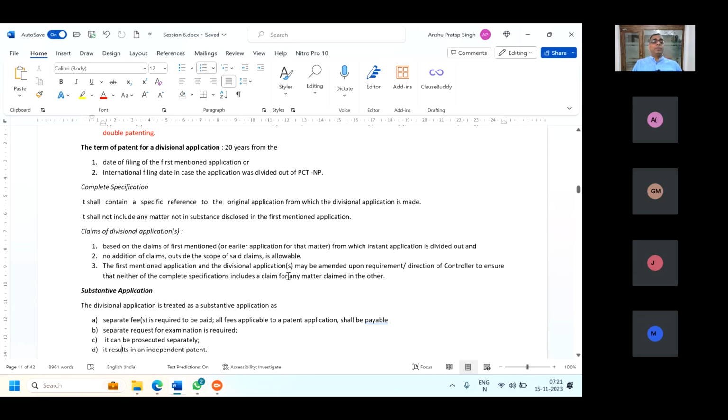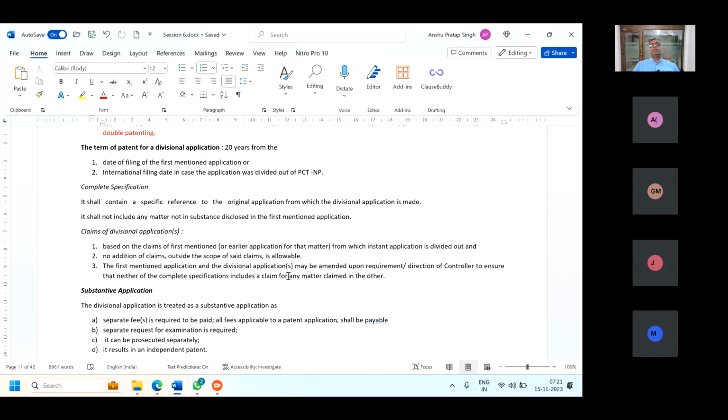Now, the claims of a divisional application. If you are making a claim based on the claims of the first mentioned application from which it is divided, it should always be based on the claims mentioned in the first application. You cannot add any claim which is outside of the earlier claims.